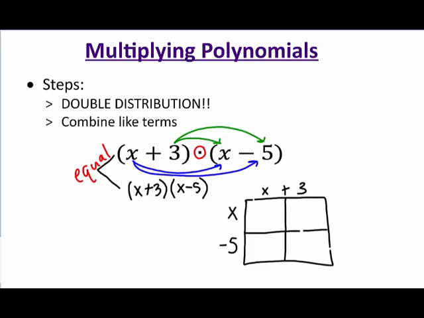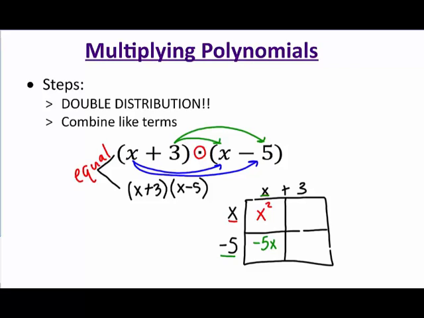So I'm going to take this x and this x, and I'm going to get x squared. Then I'm going to take this negative 5 and this x, and I'm going to get negative 5x.